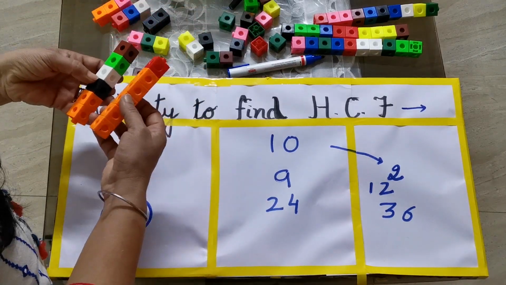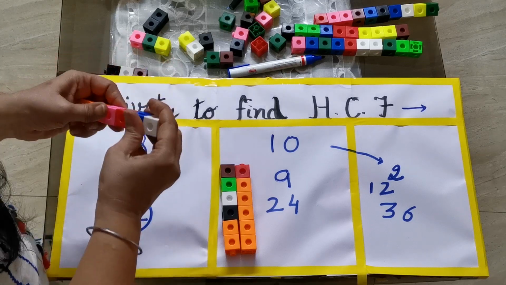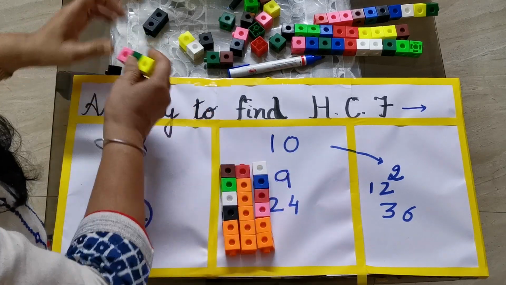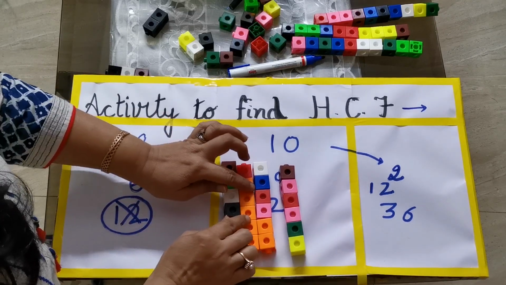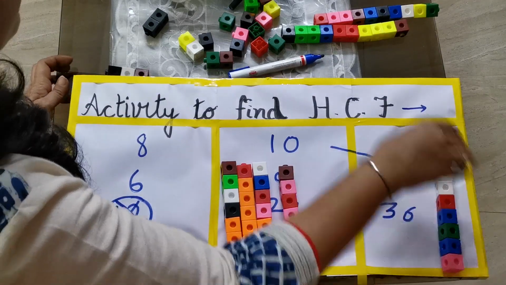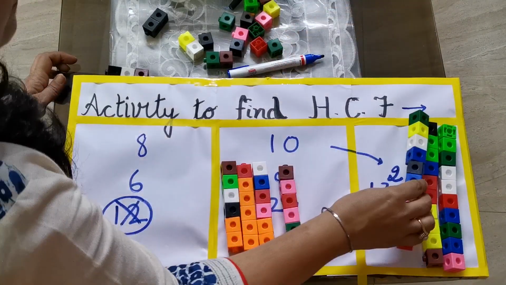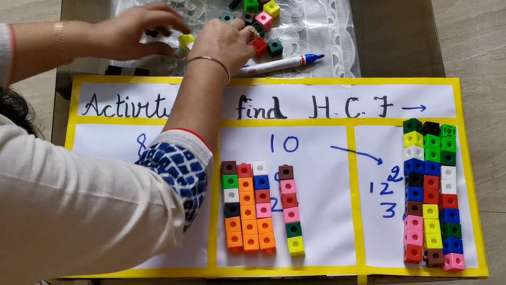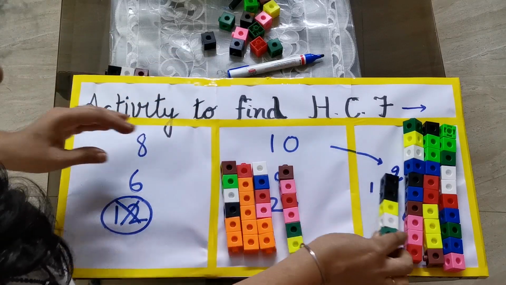Here these are numbers 6, 12, 18 and 24. 6, 12, 18, 24. Number 10, 20, 30 and 36.